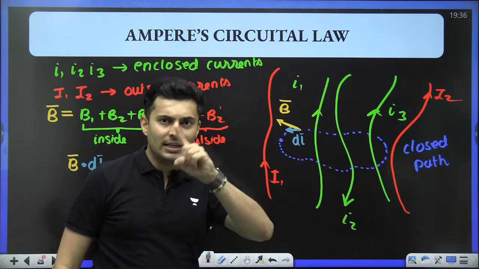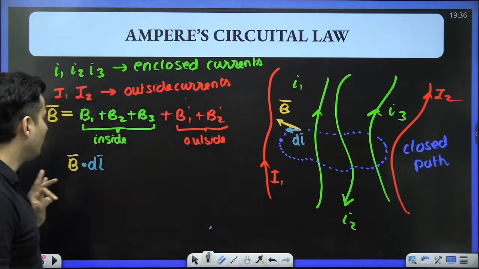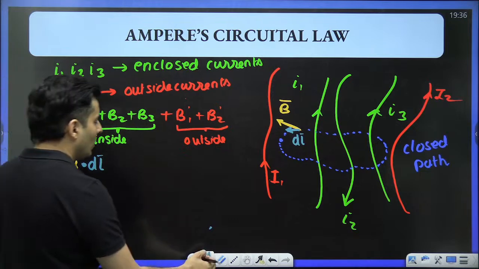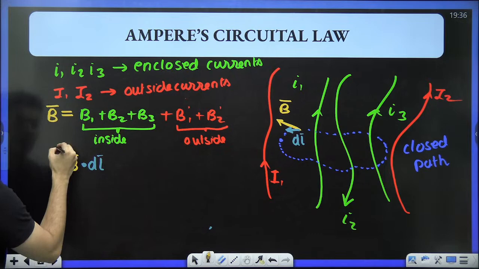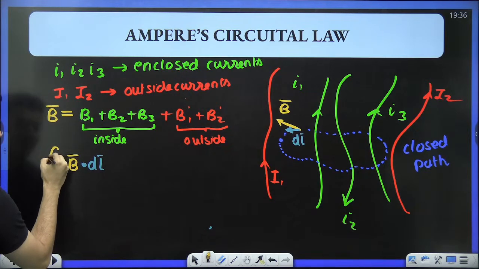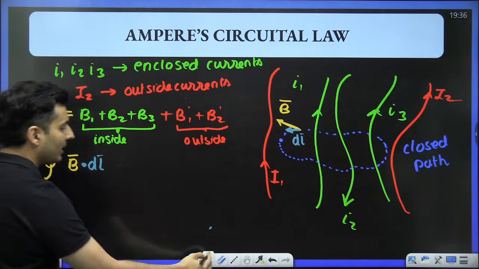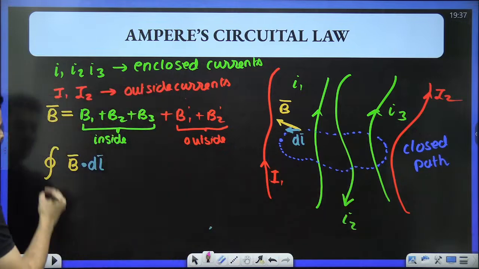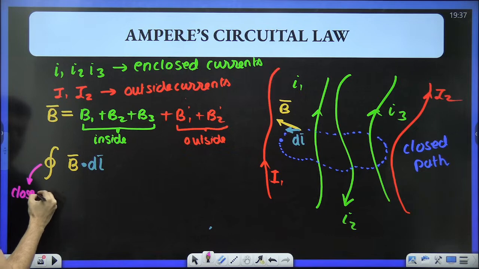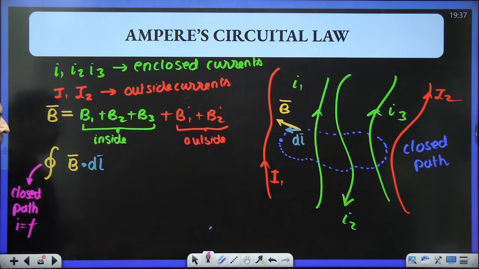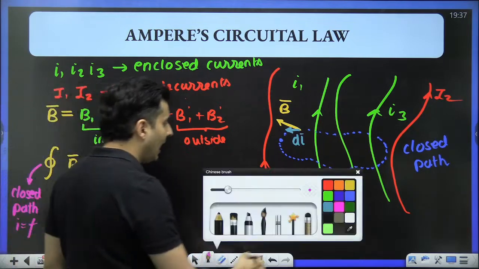I go across that closed path exactly once, meaning I have to just sit and integrate. But because I am coming back to the same point, this symbol is very important. What is that symbol representing? It is representing the closed integral, closed path. That means you are coming back to the same point. Initial and final point is the same. That is the meaning of that.